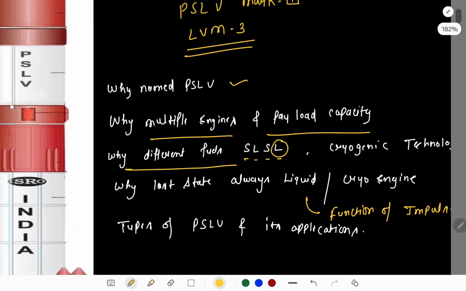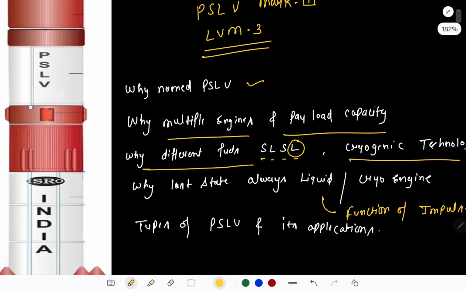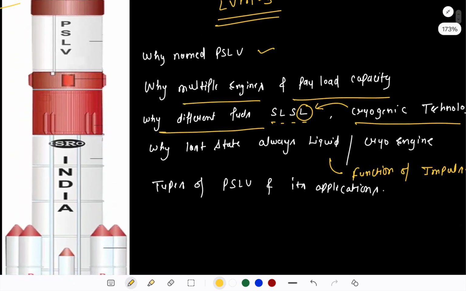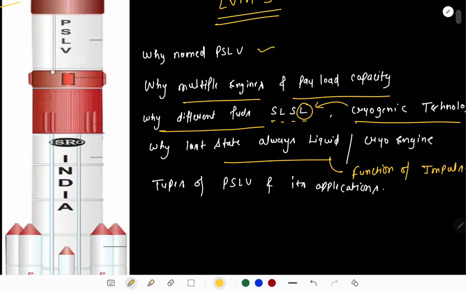Next, we're going to look at what cryotechnology is and how it is related to the last stage liquid engine or liquid fuel. Why is the last stage always liquid, as I was saying?